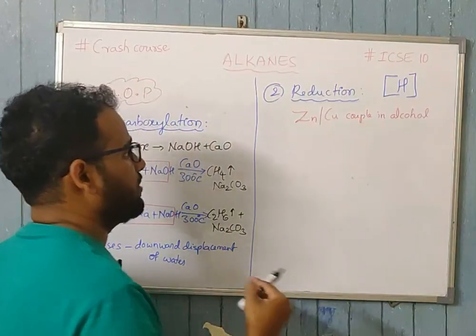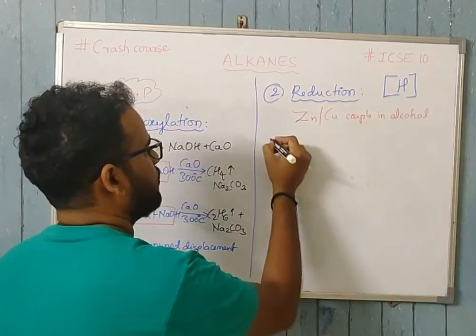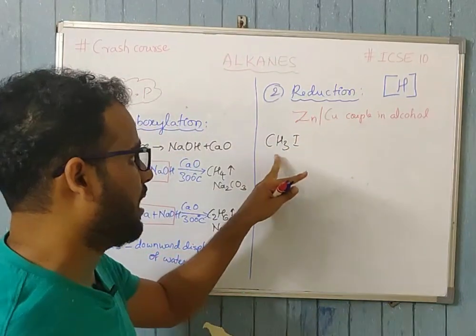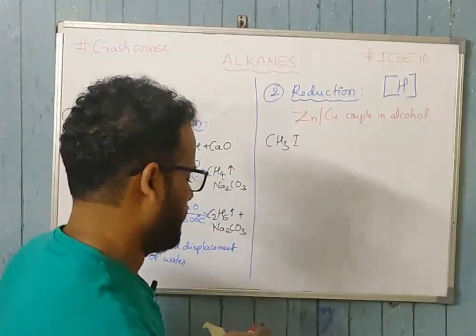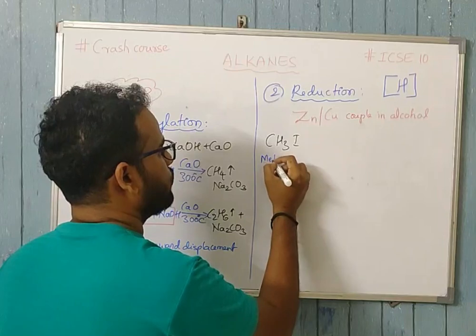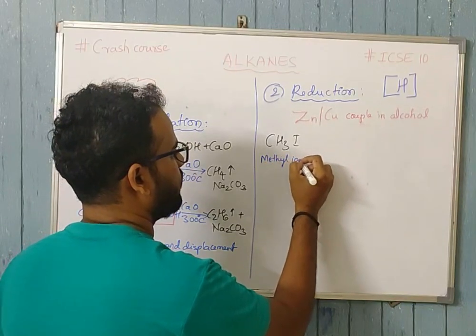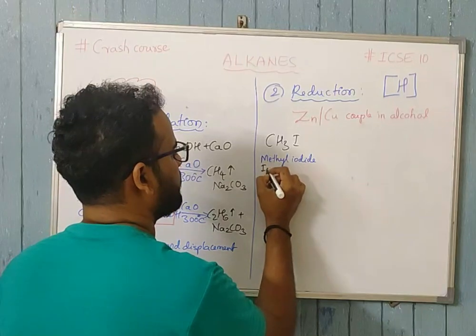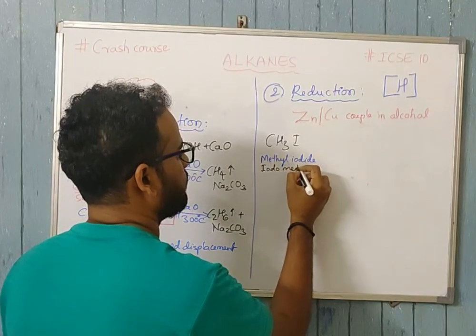What is the starting material we are taking? To make methane, you can take CH3I, which is methyl iodide. That is a common name. Both are important. Methyl iodide is the common name, the IUPAC name is iodomethane.